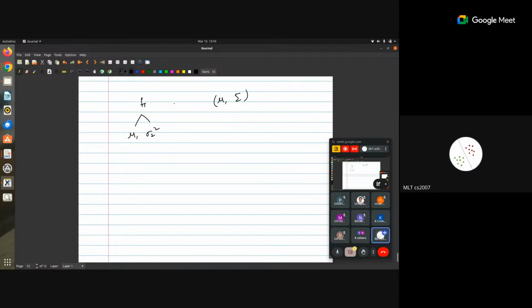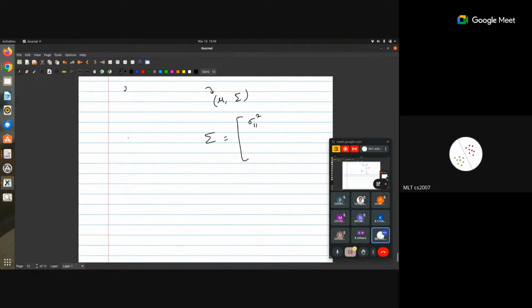But since we are saying the features are class independent, each feature is not dependent on another feature. So this is a vector of mu's. If you have 10 features, how will this vector look?